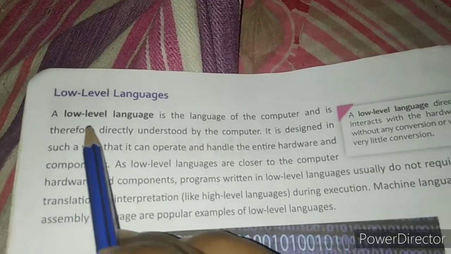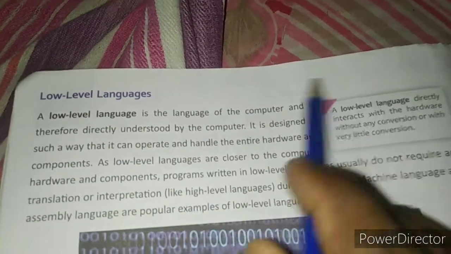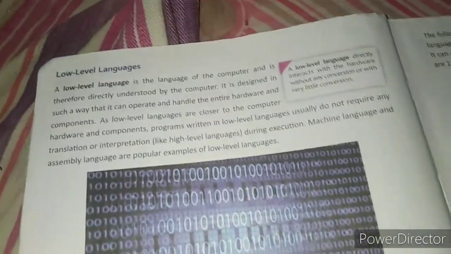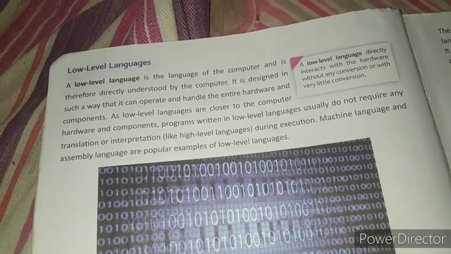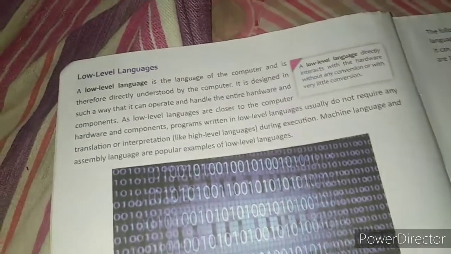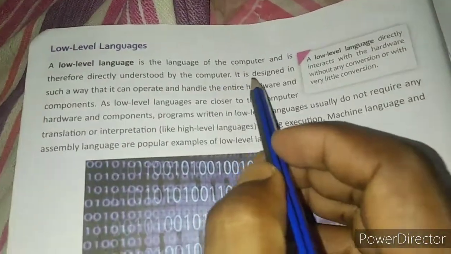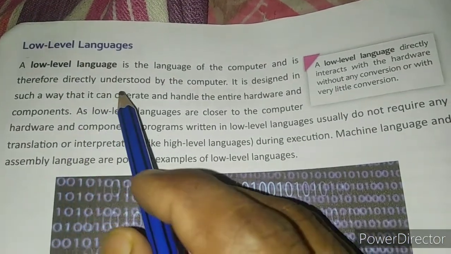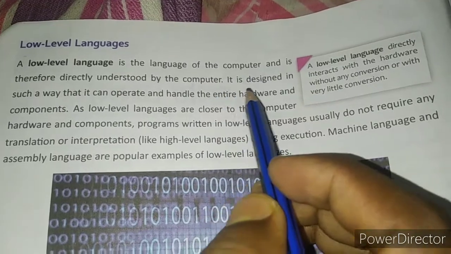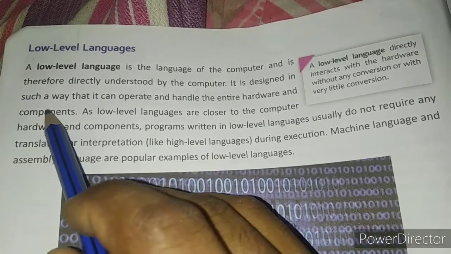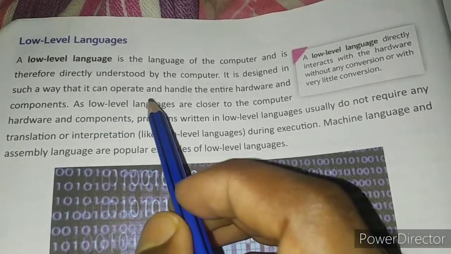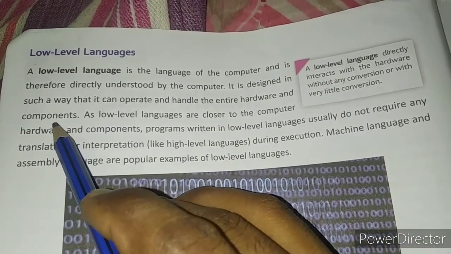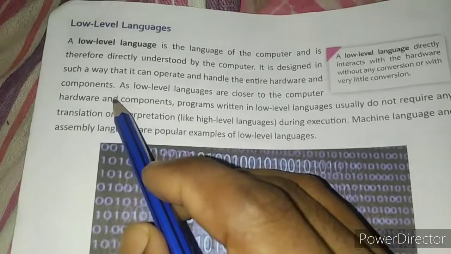Here a low level language is the language of the computer and is therefore directly understood by the computer. It is designed in such a way that it can operate and handle the entire hardware and components.